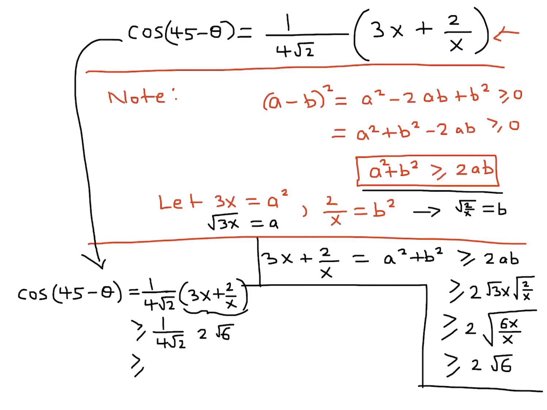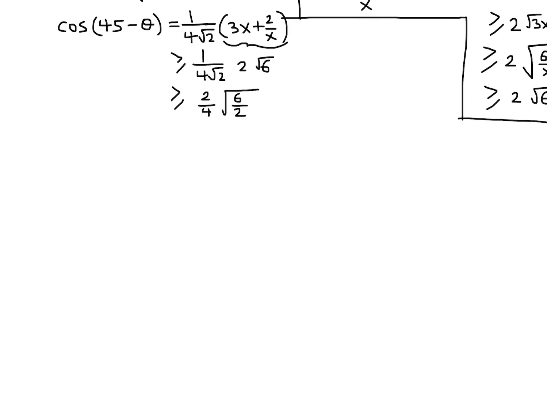And then therefore this simplifies to, we get 2 over 4, and under the root sign we get 6 over 2, like that. And then therefore this is 1/2 times root of 6 over 2, which is 3, so root 3. Also written as root 3 over 2. Okay? So we have come all the way to this point, that cos(45 minus theta) is greater than or equal to root 3 over 2.